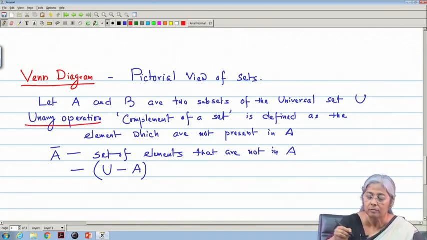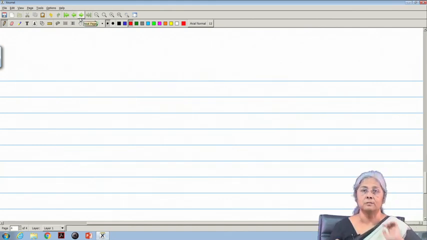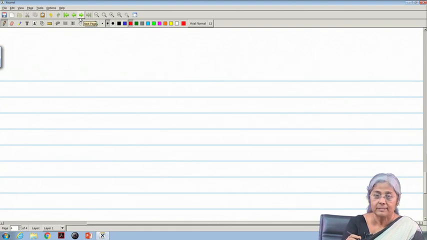Now, how do we represent all these sets using a Venn diagram?